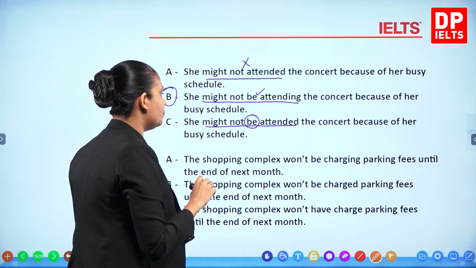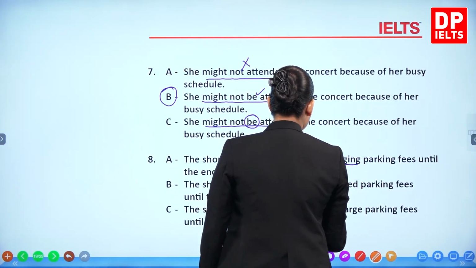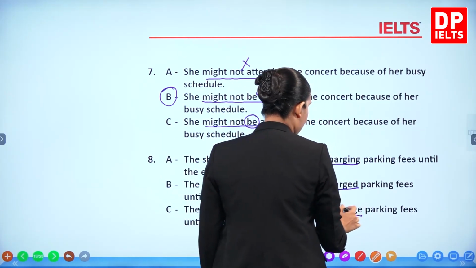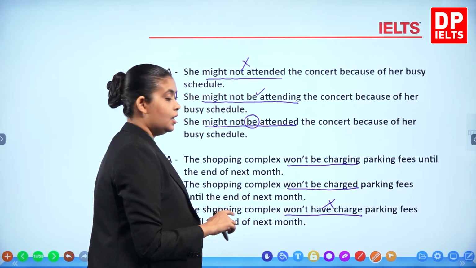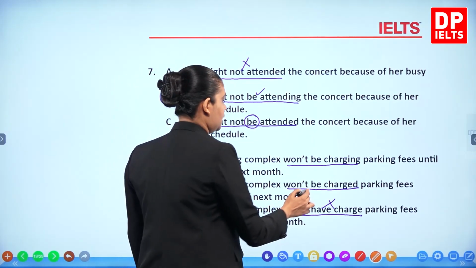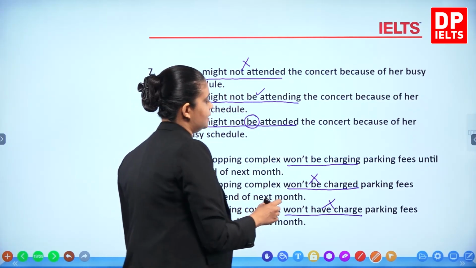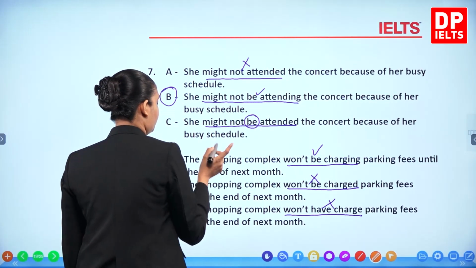The shopping complex won't be charging, won't be charged, won't have charge. So when there is have, you can't say charge, it has to be the past participle. If it is in the past participle, then it has to have. If it is in the present participle, then of course it's fine.